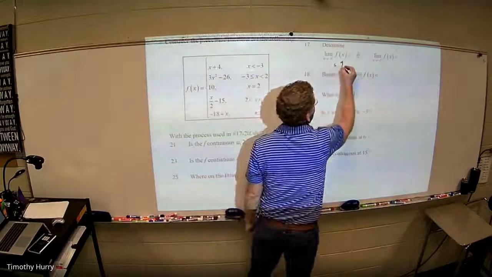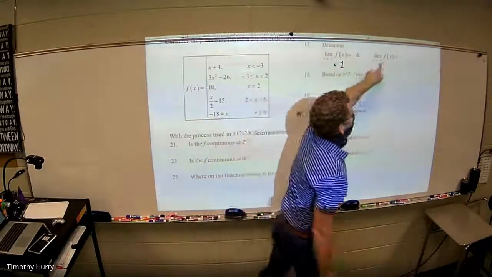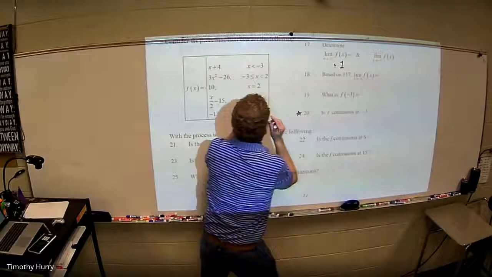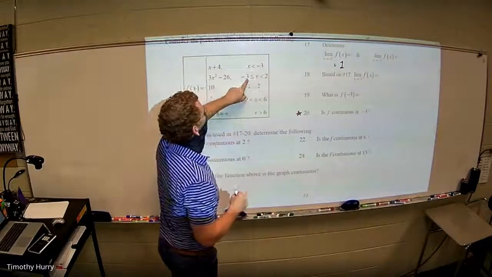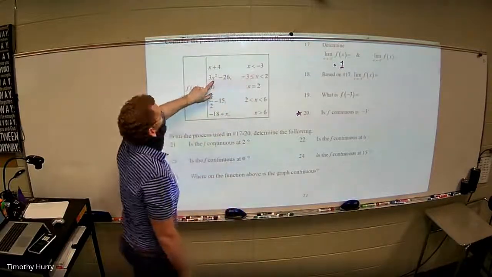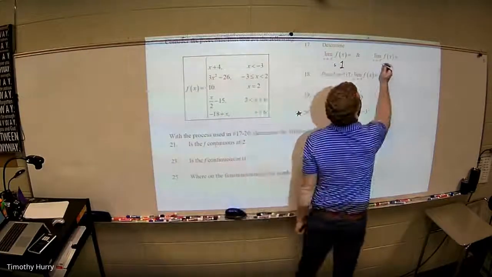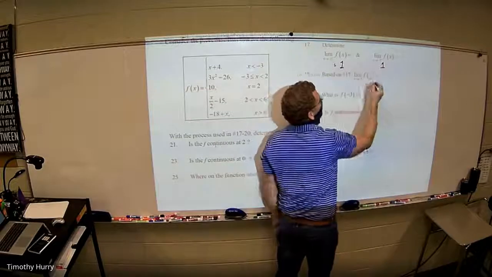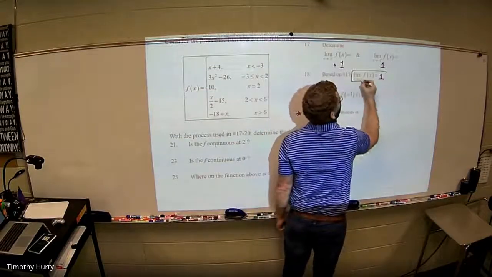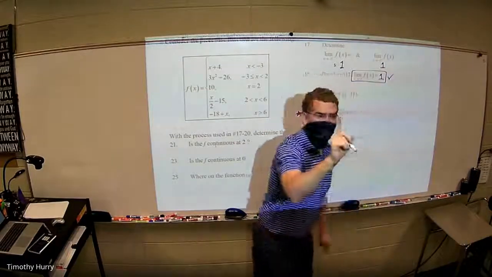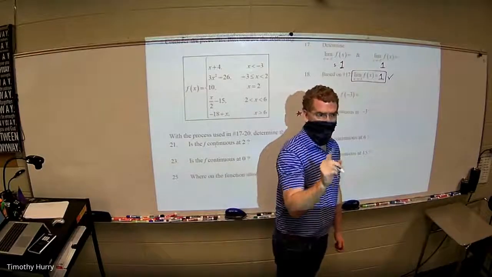From the right side of -3, that is this equation, bigger than -3, I plug it in there and I get 27 minus 26, also 1. So because the limit from the left and the right were equal, the limit exists.